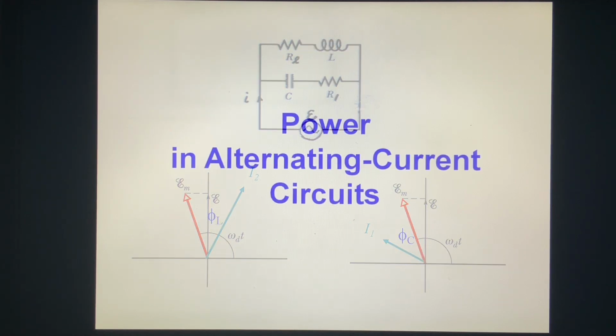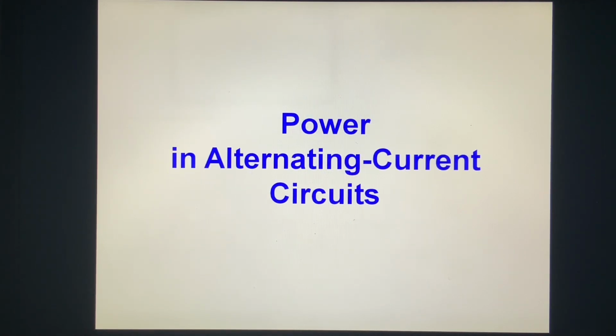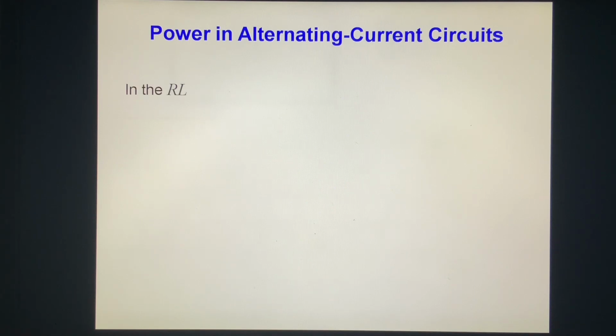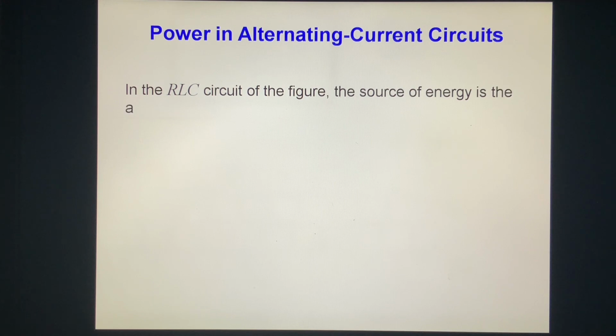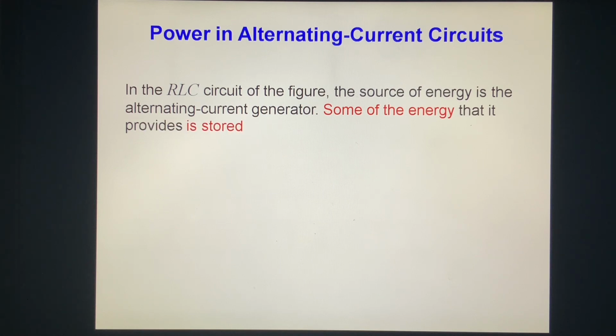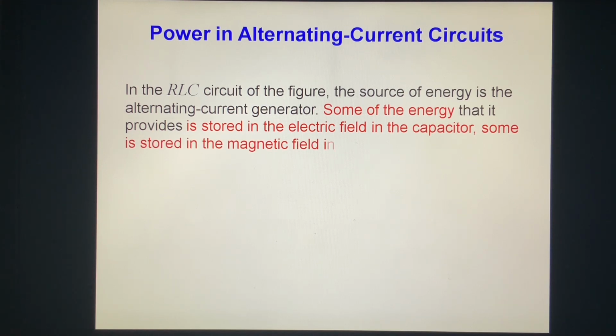Power in alternating current circuits. In the RLC circuit of the figure, the source of the energy is the alternating current generator. Some of the energy that is provided is stored in the electric field in the capacitor. Some is stored in the magnetic field in the inductor.